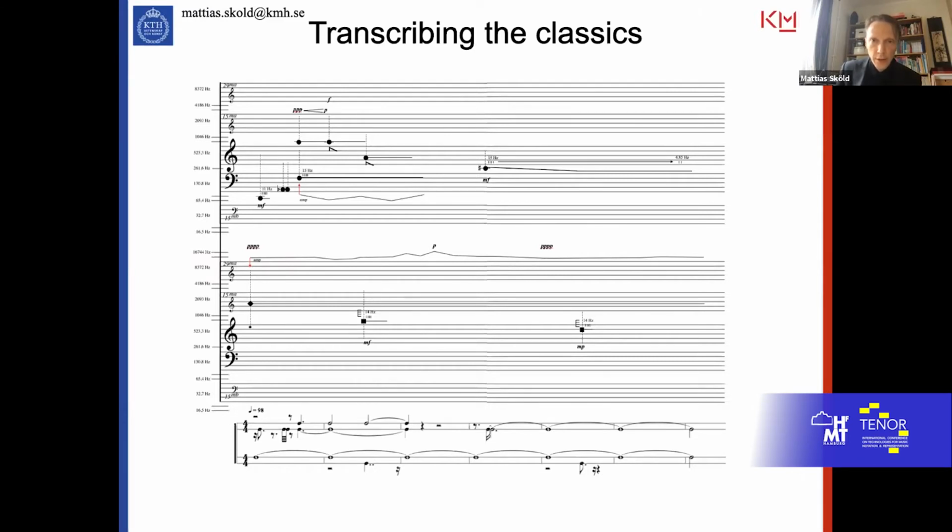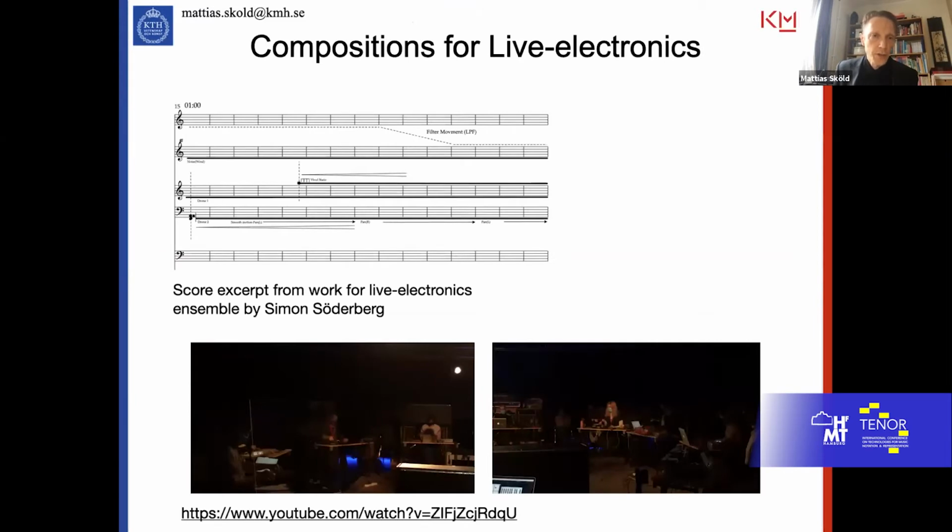So I've also had composition students write music with this notation, either for parts of the composition or for the whole pieces, as in this case. I only will have time to show a little of it, but this is from a piece by Simon Söderberg, one of our composition students in electroacoustic music, and he wrote this piece for live electronics ensemble and scoring, I think, at like 10 minutes with this kind of notation, and making Sibelius work for him, which was a feat in its own right.